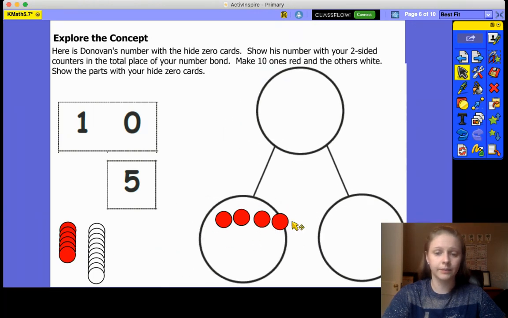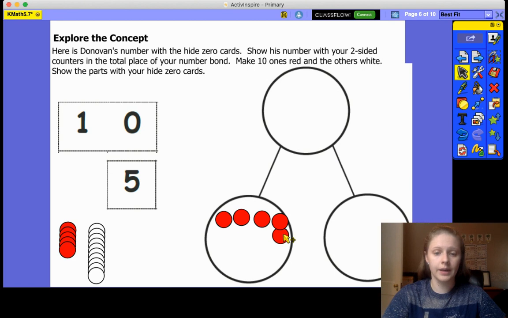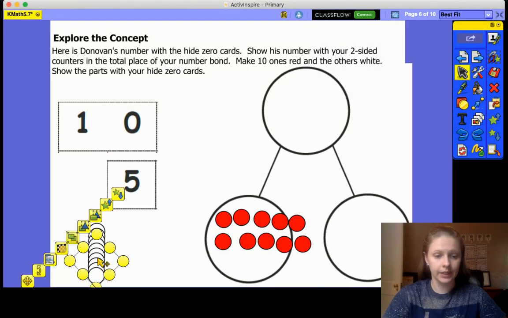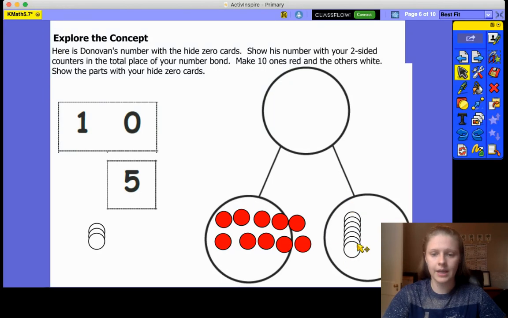Good. And the other part is 5. 10, 5 makes what is the whole in our number bond? 15. Good. So we're going to try and fill that in. Let me make sure I only have 5 here. 1, 2, 3, 4, 5.